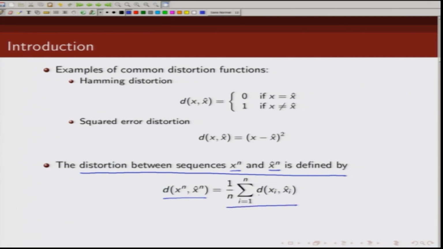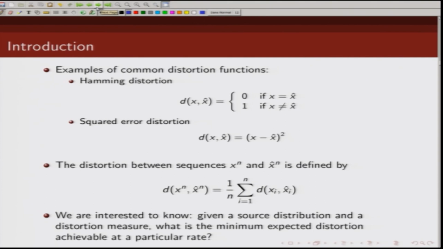So, this is the distortion between source symbol xi and the reproduced symbol xi hat. We sum over all n symbols and then we average it out. So, that is how we would define distortion measure for sequences.